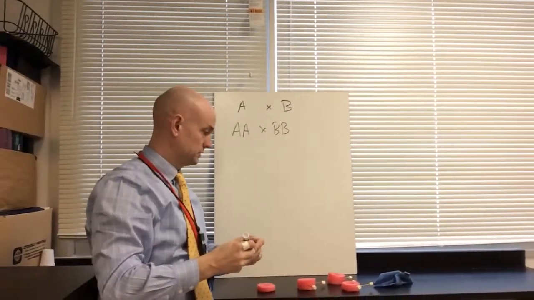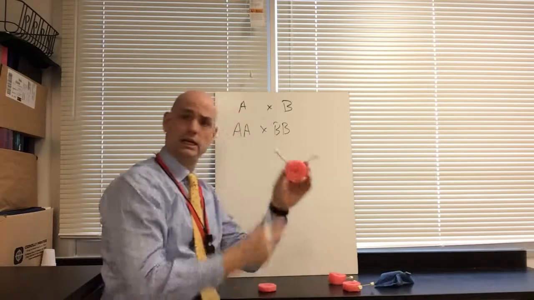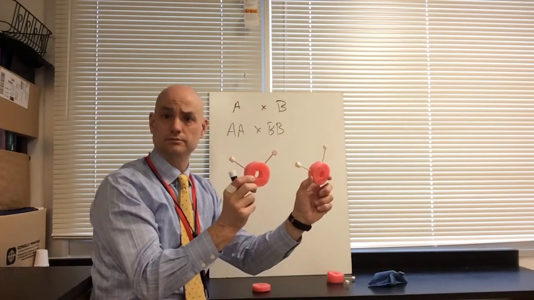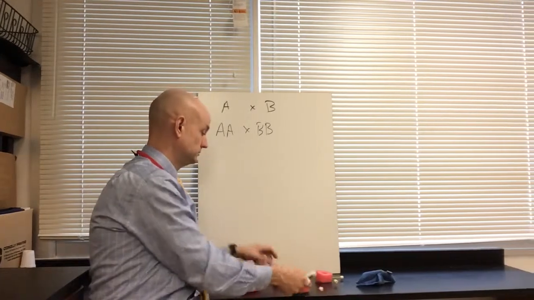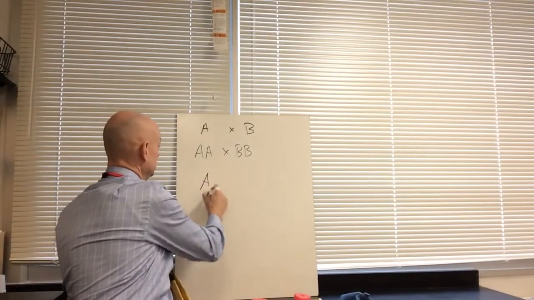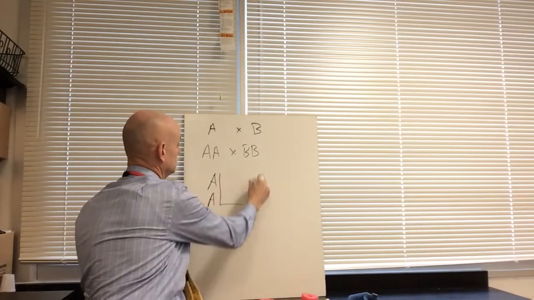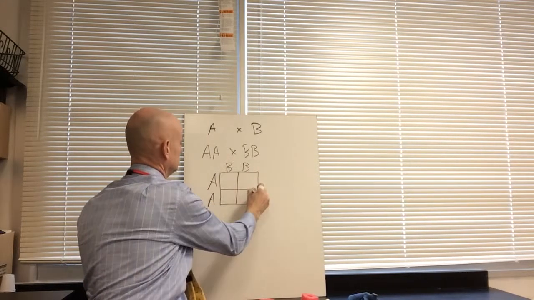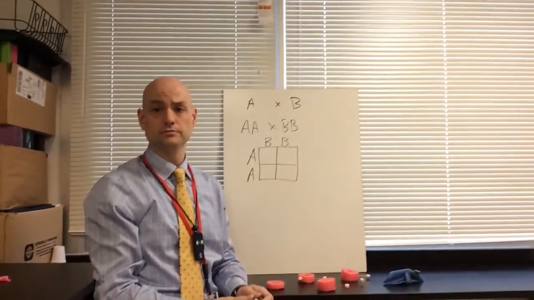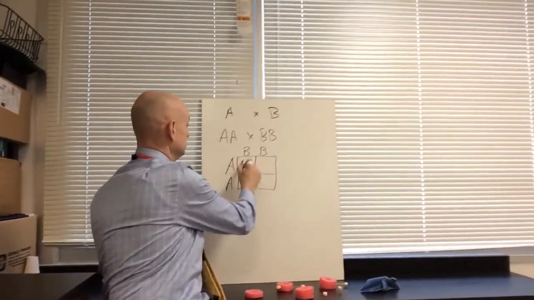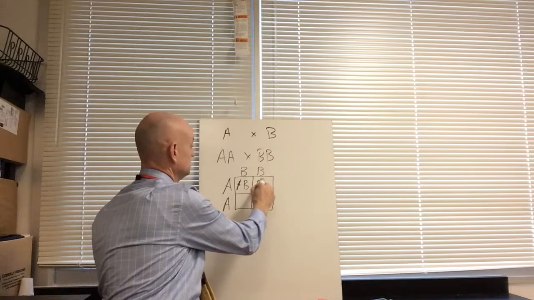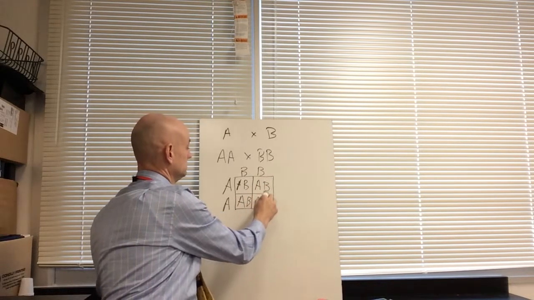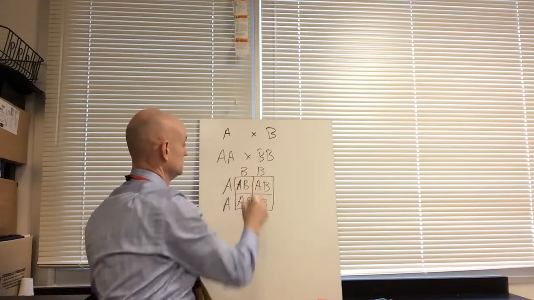So that's AA crossing with BB. Okay? What do you get? Well, let's do it. A, B, B. You get AB across the board, right?